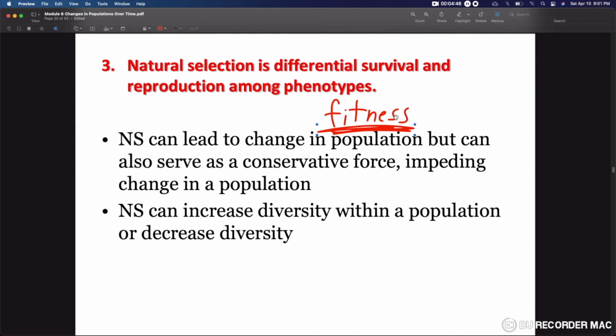So natural selection can lead to change in the population, but it can also serve as a conservative force, impeding your population from changing, because natural selection can either increase or decrease your diversity.